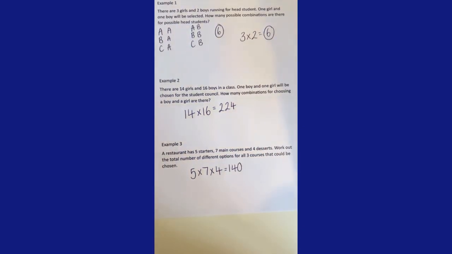So there are 140 ways of picking a starter, a main and a dessert. Again, if we were to write all of these combinations down, that would take us a really, really long time, okay? So in that restaurant, there is 140 different options for a 3-course meal.